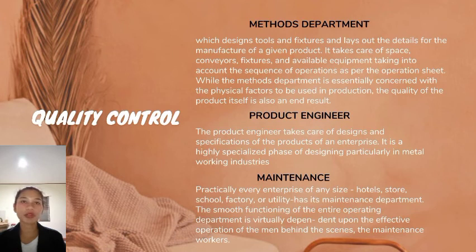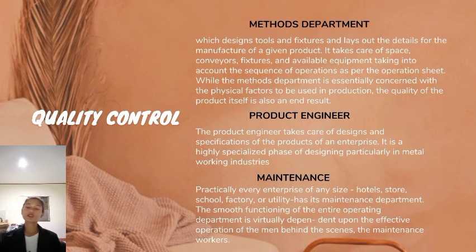The department dedicated to methods is found in many manufacturing companies and creates the tools and equipment needed to manufacture a specific product. It considers the order of the operations while taking care of the space, conveyors, fixtures, and available equipment. Even though the methods department is focused on the physical elements that will be used in production, the quality of the final product is also a goal.